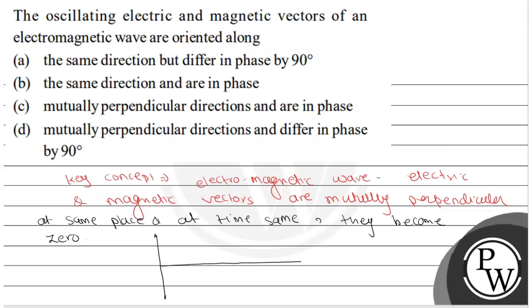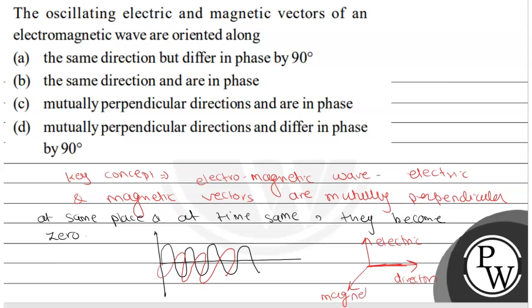Now if you have an electric field vector like this, and suppose you have a magnetic field vector like this, which gets zero at the same time. तो ये दोनों एक दूसरे को perpendicular है and this will be the direction of propagation of the wave. This is the electric field vector and this is the magnetic field vector.